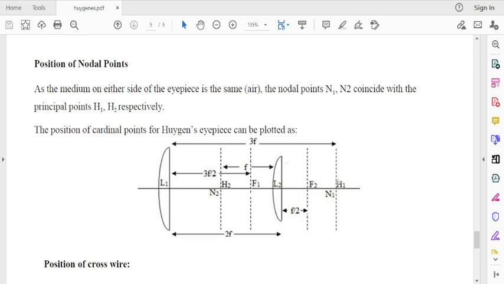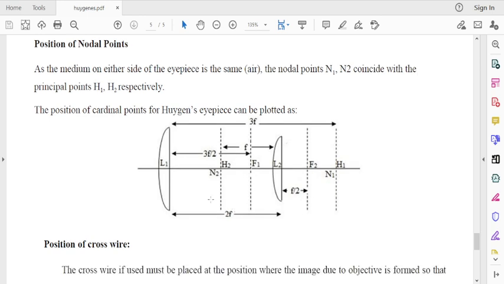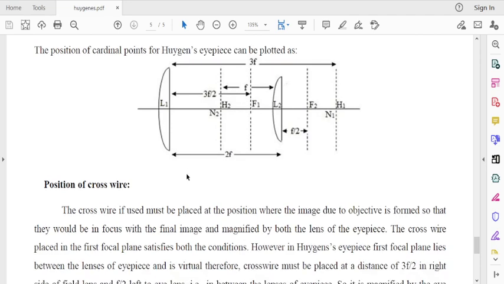Keep in mind H1 and H2 can be nomenclatured as P1 and P2 respectively. The position of the cardinal points for the Huygens eyepiece can be plotted in this way. This is the diagram for the cardinal points, how they can be located.